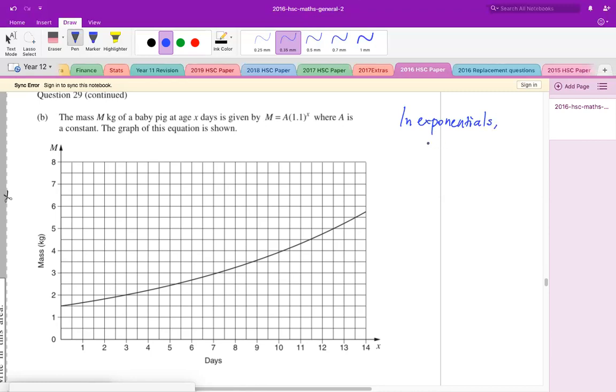They will look like y equals m times a number to the power of x. So m is always the initial value. And the growth rate in decimal is a minus 1. So whatever number that's on the base, minus 1 from it, that's the growth rate.